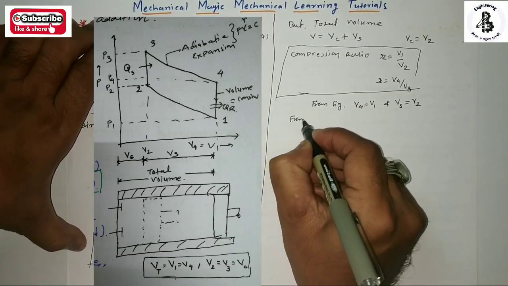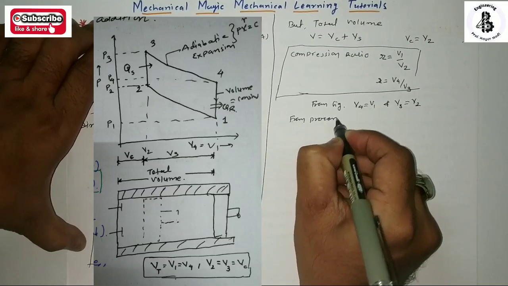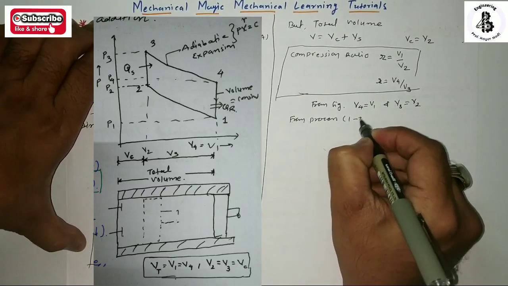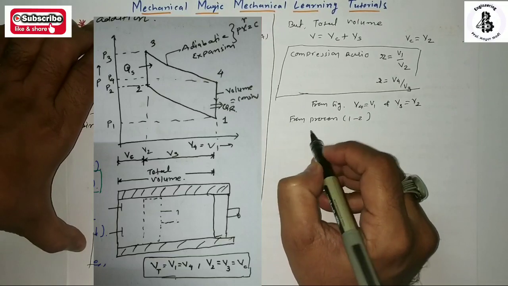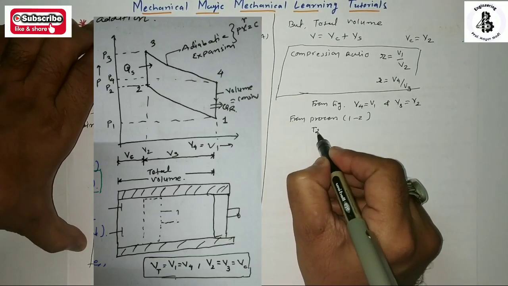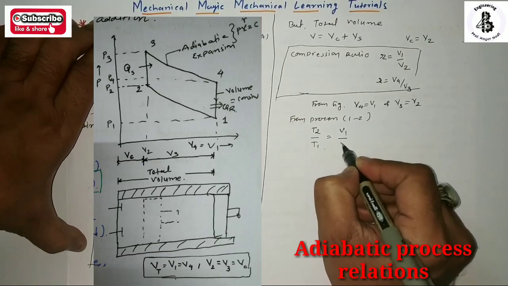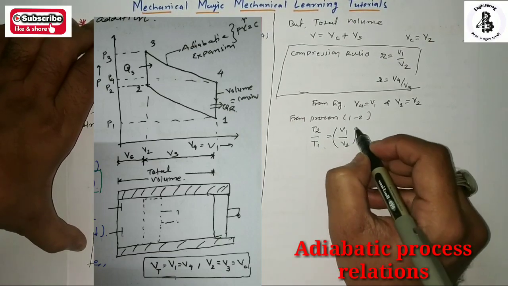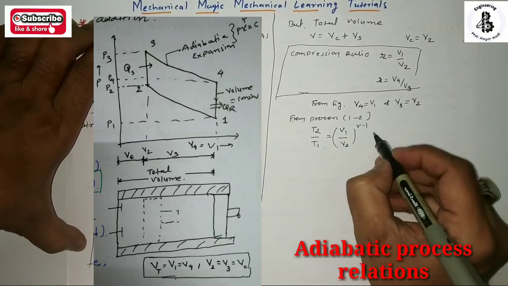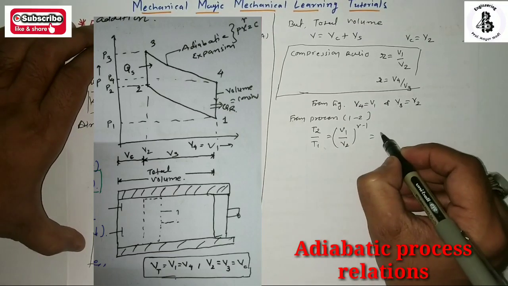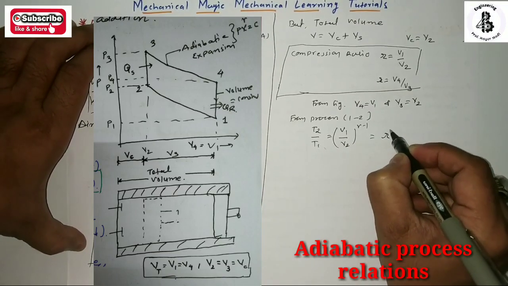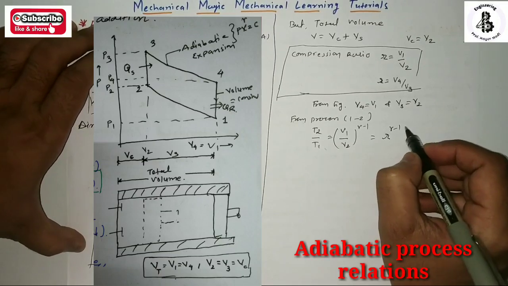For process 1 to 2, T2 upon T1 is equal to (V1 upon V2) raised to gamma minus 1, which is equal to R raised to gamma minus 1.